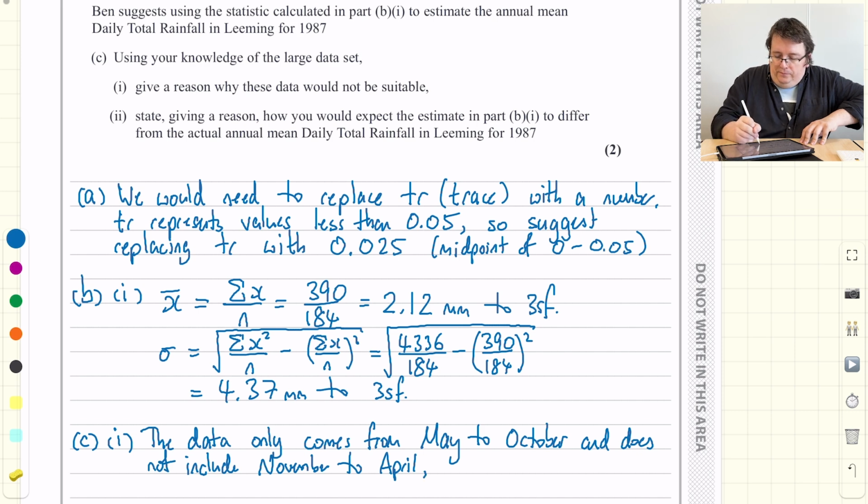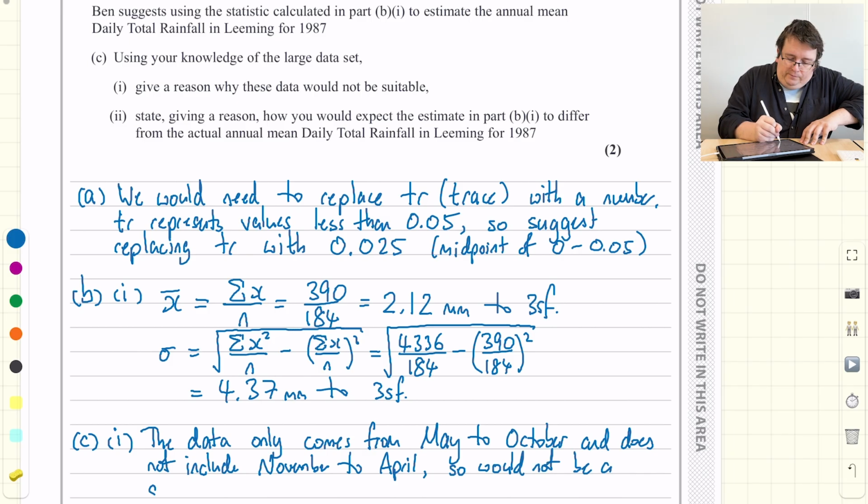Okay, so would not be a suitable sample.